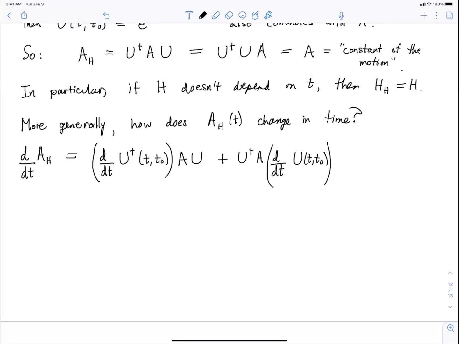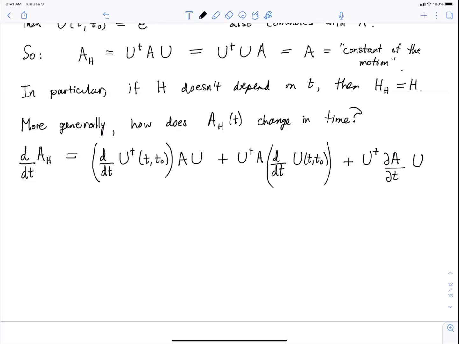And then the other thing is, it might be that the Schrodinger picture operator also depended on time. We're no longer assuming that it doesn't necessarily. So there's also a contribution like that. We've just used the product rule for taking derivatives.